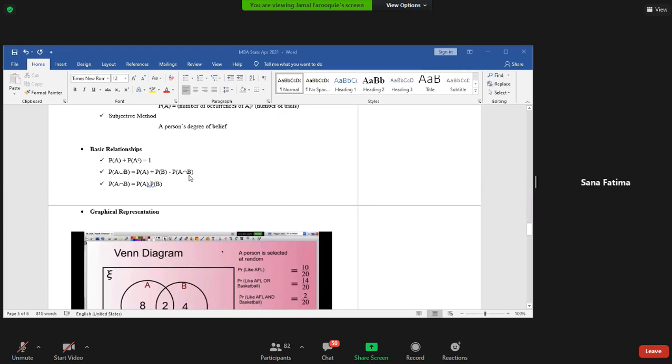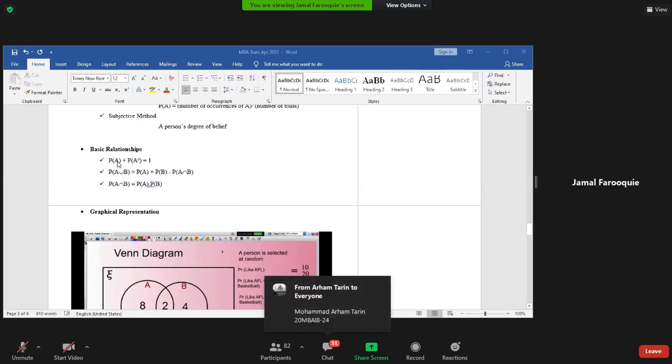Sir, will you please tell what this C denotes in the first relationship? Complement. A complement means anything which is not A is included in A complement. So either A happens, or everything other than A, and the total probability will be 1, because in any one experiment, for example if you toss a coin, that simple example again, and you are interested in the probability of head, then P(H) plus P(H complement), what is that?